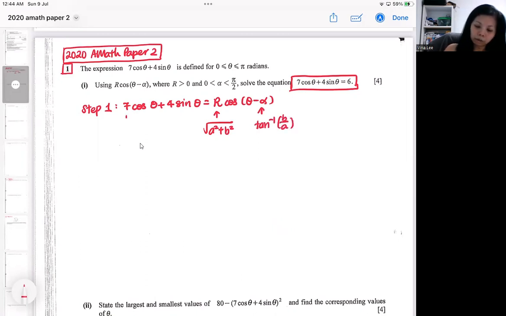In this question, this is your A and this will be your B. If you apply correctly, you should be able to get square root 65 cosine theta minus 0.51915. Do take note that it's in radian, so when you apply this part, your calculator should be in radian mode.